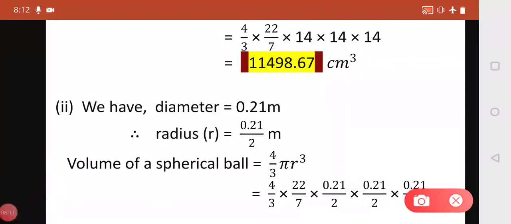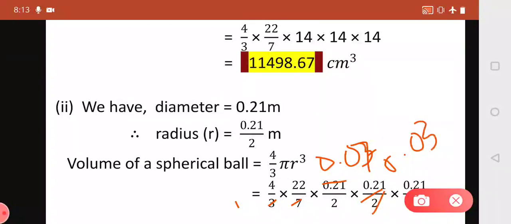Again you can cut here, 3 ones are 3, and again 0.03. Again 7 ones are 7, and 3 sevens are 21. Here you can take 7 threes are 21.